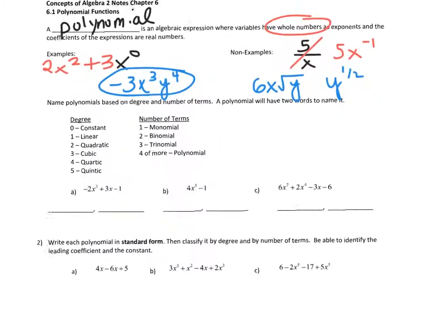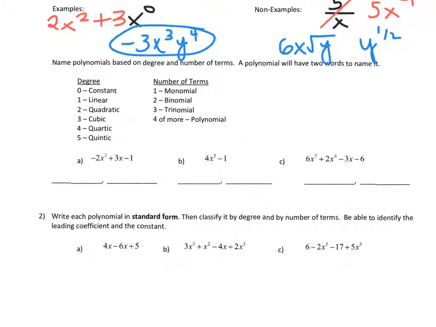You can name a polynomial based on the degree and the number of terms. For the degree, you're looking for the highest degree within a polynomial, and then you're looking at the exponent. So if you had x cubed minus 5x to the 4th, this term has the greater exponent, the higher degree, so this is going to be degree 4, and we would call that a quartic.